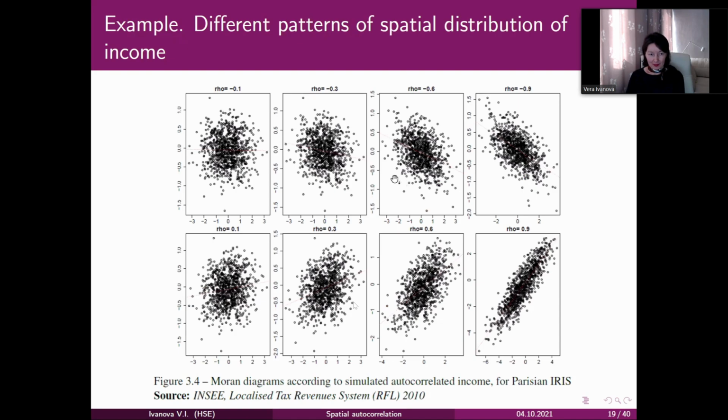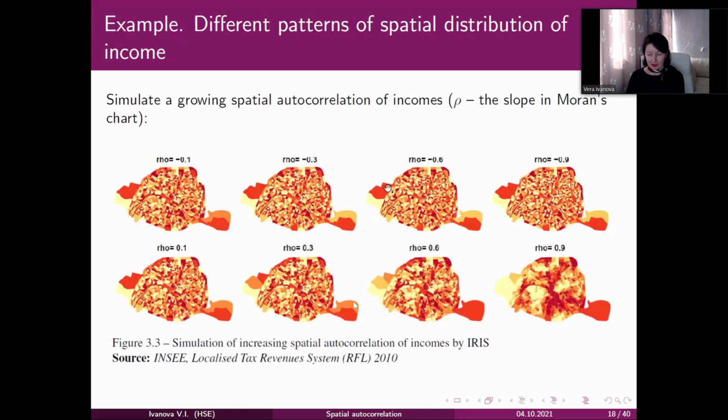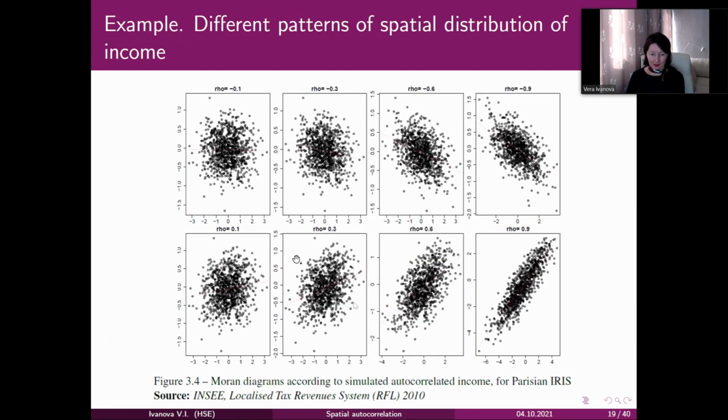This is an example for the previous maps, Moran's diagrams corresponding to the previous maps. This is for the positive case of spatial autocorrelation. This is for the negative case of spatial autocorrelation.